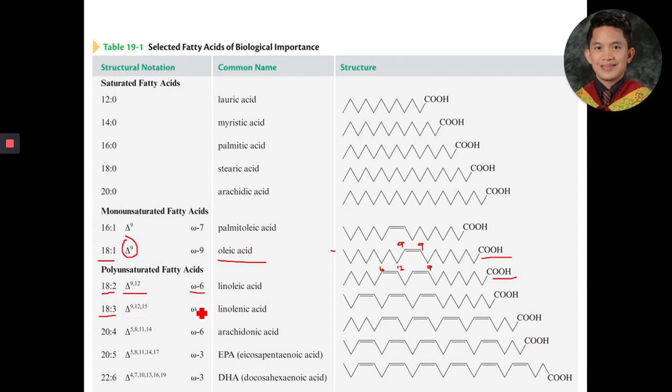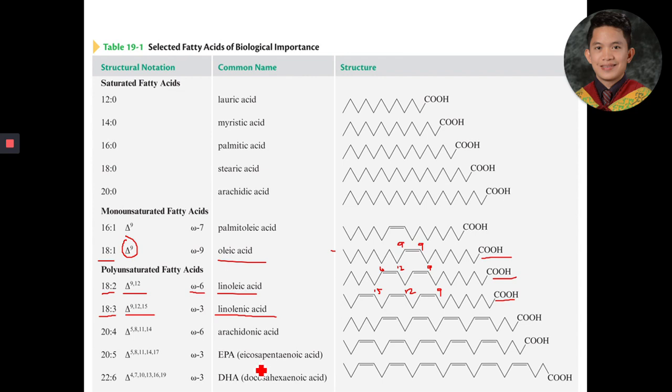For the delta notation, we can see from here that the first double bond is 9 carbons away from the carboxyl end. The second double bond is after the 12th carbon atom, and the third double bond is after the 15th carbon atom. Now, if we count from the methyl end, that would be an omega-3 fatty acid, or the linolenic acid.